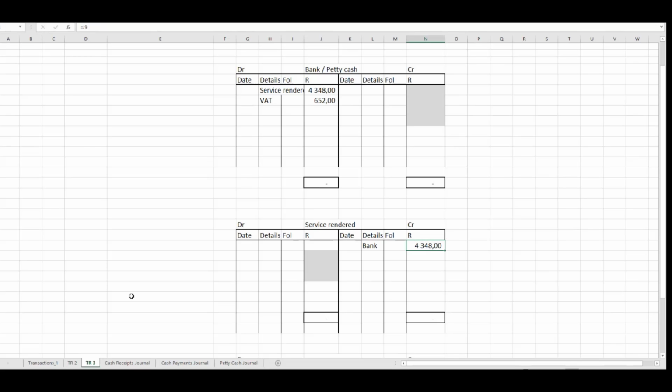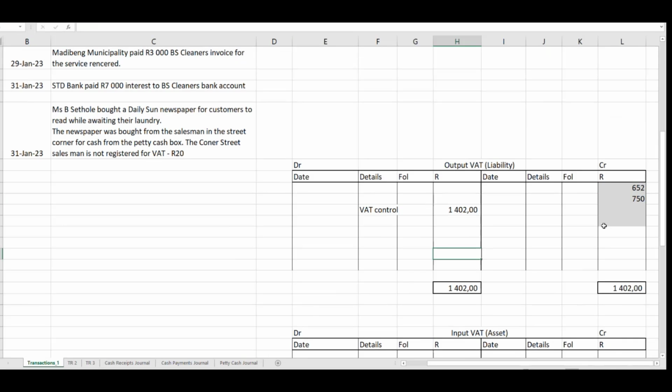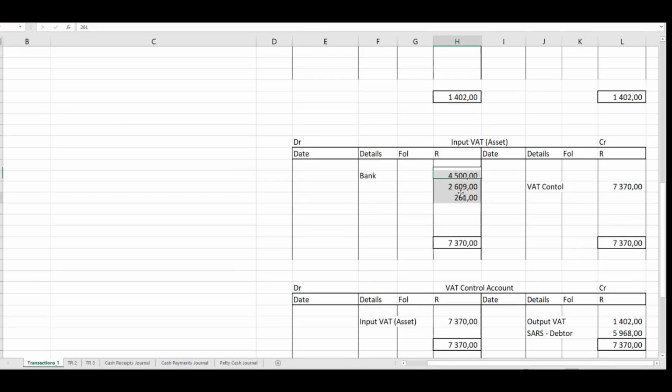That's what I wanted to show you quickly so that you can see the big picture of where VAT fits in, instead of just memorizing how to calculate the input and output without seeing where it fits on the general ledger accounts. Is there anyone with any question so far before we move to the next section? Let's move on.